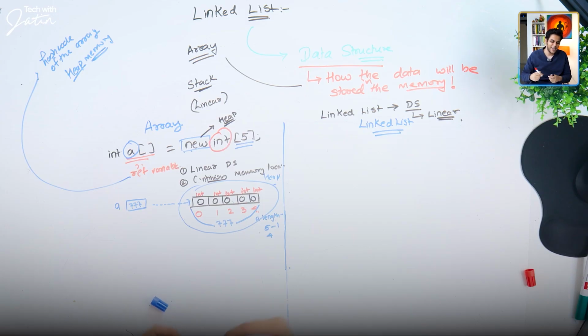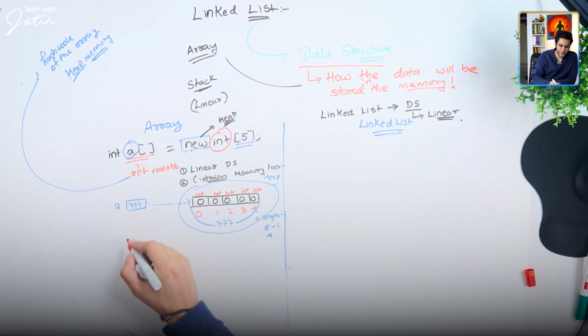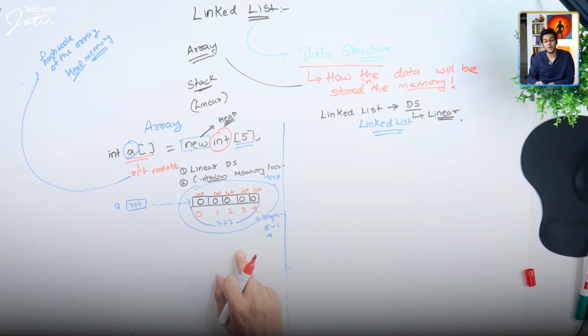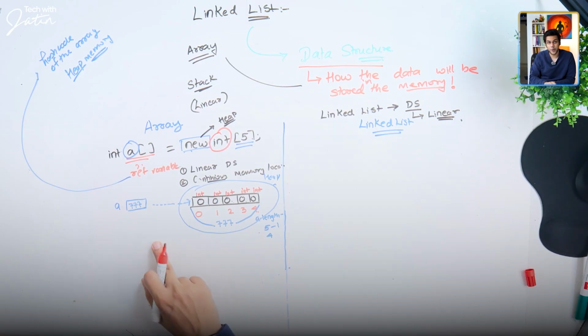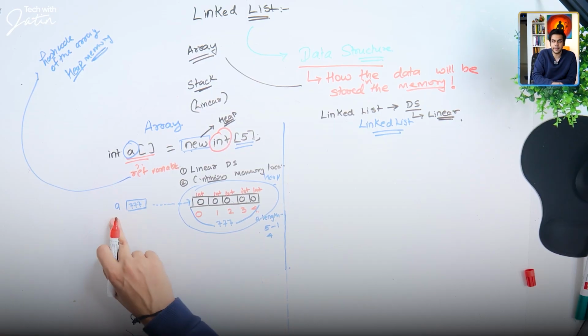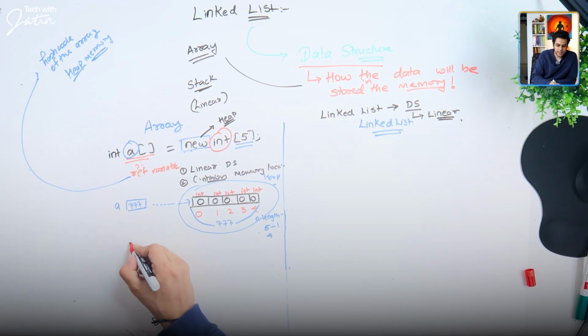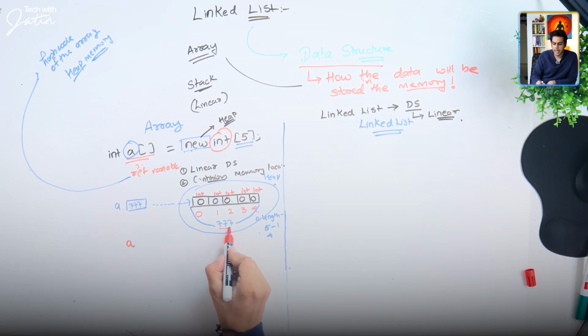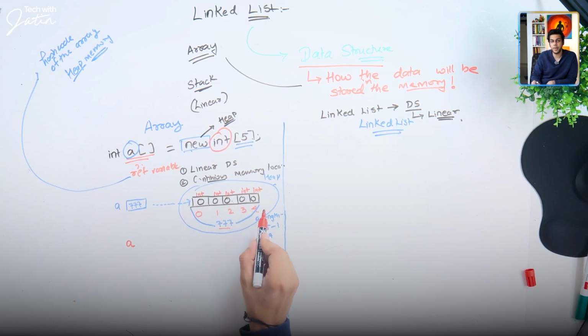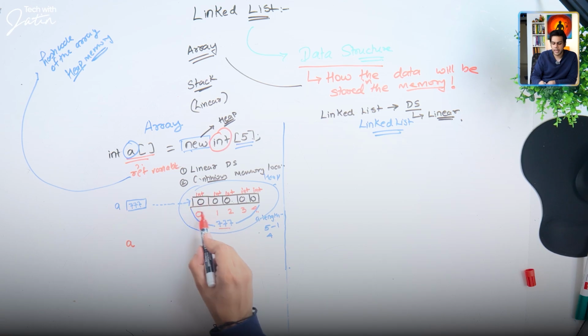Perfect. Great. Now, the next thing that comes into the picture is, if I want to interact with this particular array, I need the reference. So I'm going to say a. a is going to give me the hash code. But in this particular array, I have 5 memory locations. So out of these 5 memory locations, if I want to interact with the first memory location, I need to use the index.